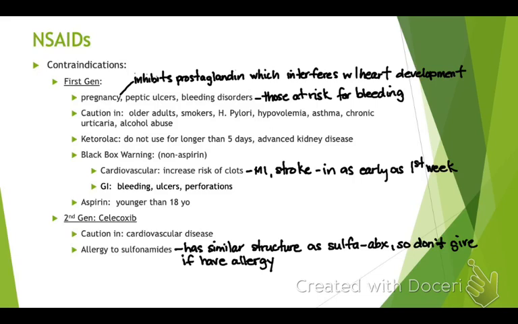And this again is very important for you guys to know. And then with aspirin, again, those patients under 18 should not be given aspirin because of the Reye syndrome.